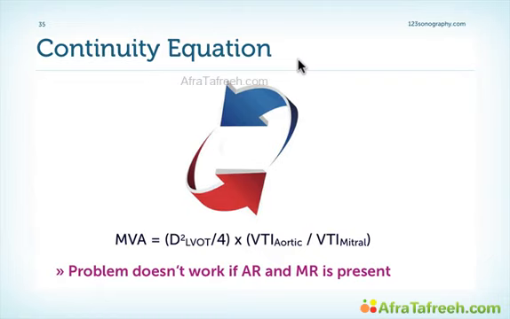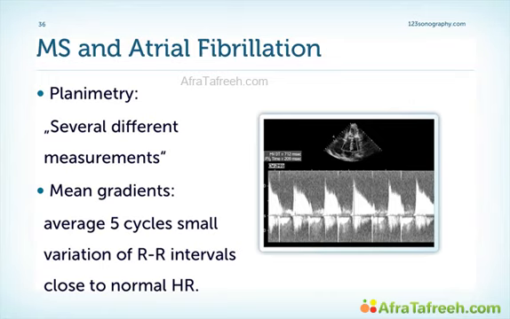We'll see that later. What about quantification of mitral stenosis in the setting of atrial fibrillation? Well, first of all, atrial fibrillation is very frequent in mitral stenosis, and yes, we can quantify it. We have to consider a few things, however. First of all, as we talked about already, planimetry should be performed with several measurements and averaged. And the same is actually also true for mean gradients.